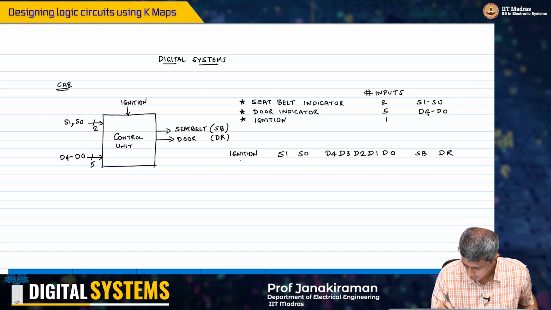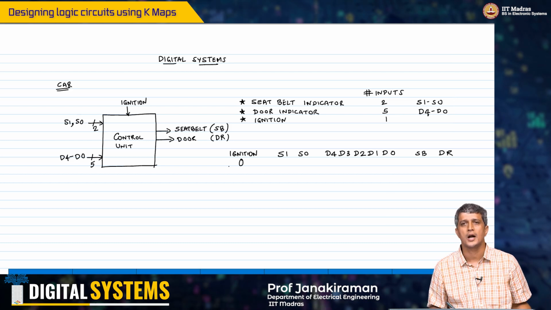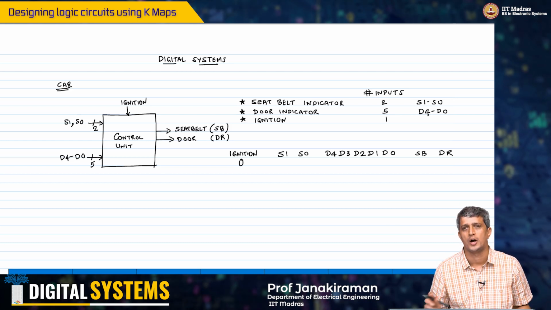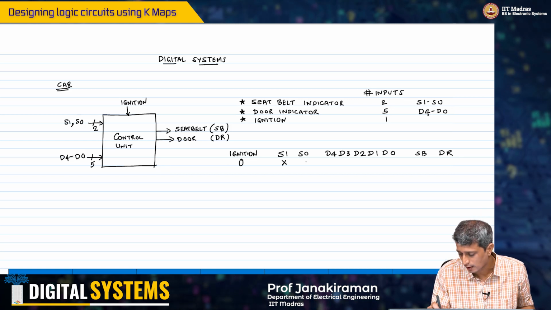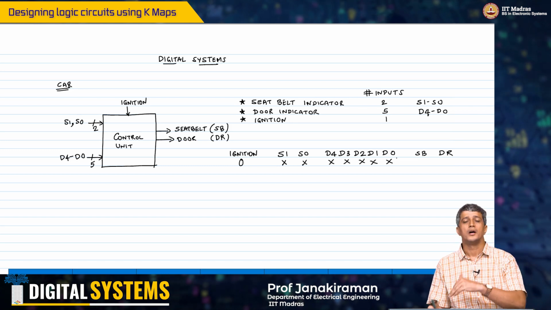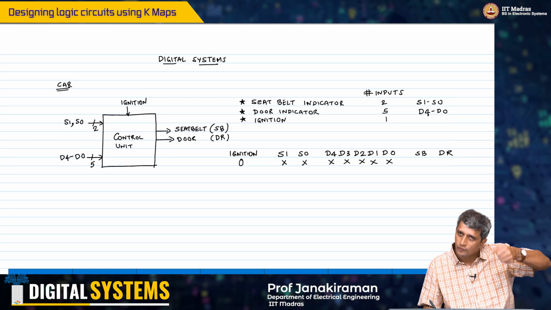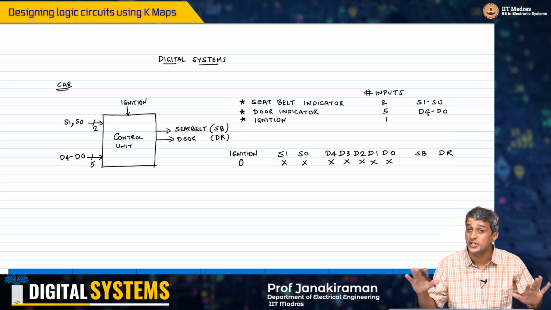DR. So first of all, what we'll do is, suppose the car is off, ignition is off, right? Then it really does not matter what the status of these things is. The driver could have fastened the seat belt, or the front door could be open, closed, it does not matter.